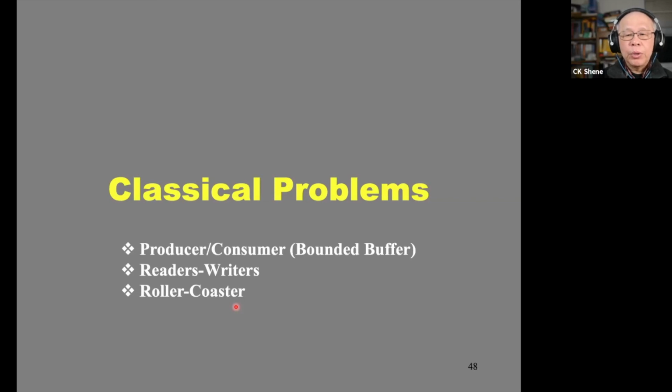The producer-consumer problem, originally referred to as the bounded buffer problem, also discussed in Dijkstra's seminal paper, which was prepared as lecture notes. Then the readers-writers problem, followed by the roller coaster problem. So let me stop here.